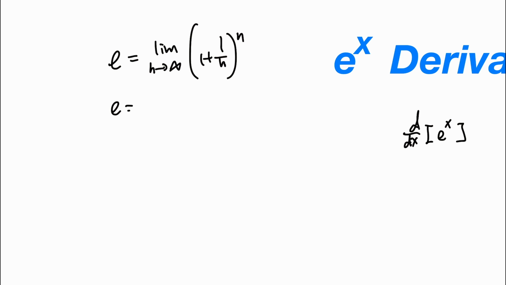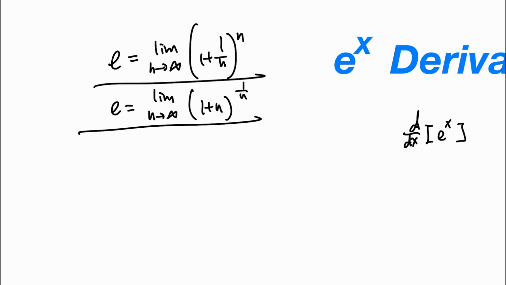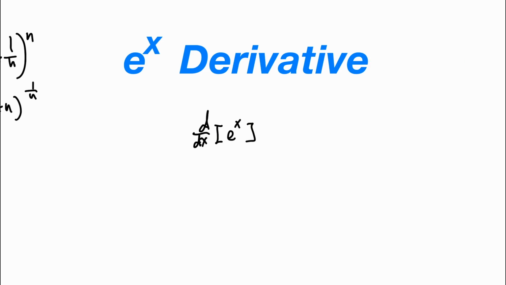Or it can also be represented as the limit as n approaches infinity of (1 + n)^(1/n). And with that, we can calculate the derivative of e to the x. But before that, if you wonder how these two formulas are gotten, I will link a card over here so that you can check it out. And his videos are pretty nice.